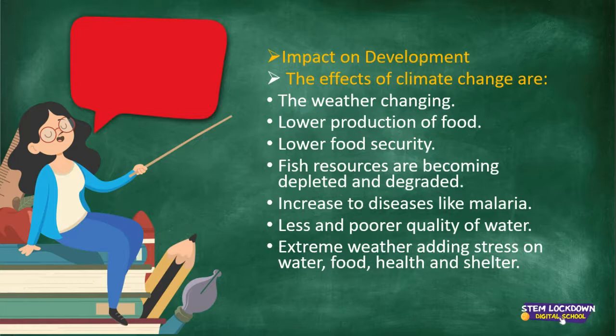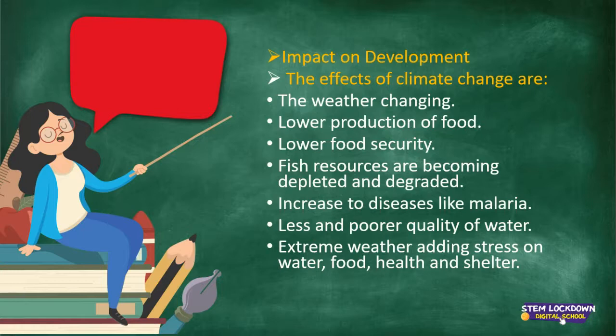So this is because of climate change, where you find that when the climate changes, then we have pests like mosquitoes able to survive in the weather conditions that suit them. Mosquitoes will survive in moist places.